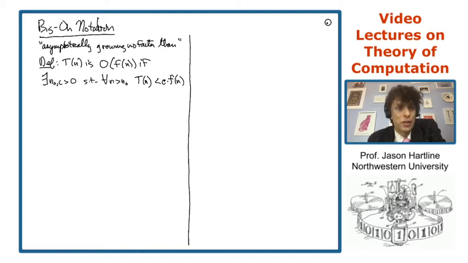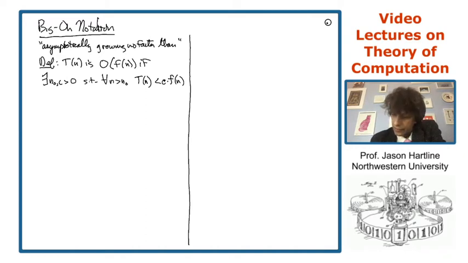So in particular, we don't care what the function does when n is small. Below some n naught, we don't care what the function does. We only care that after some n naught, it becomes bounded by c times f of n, where c is any constant. We also don't care what that constant c is.